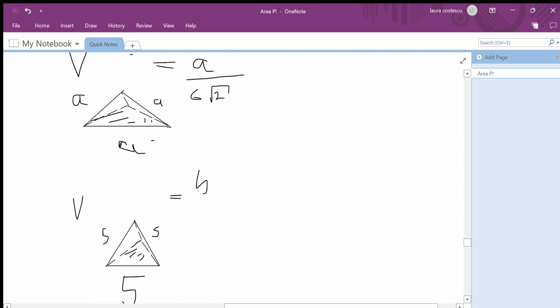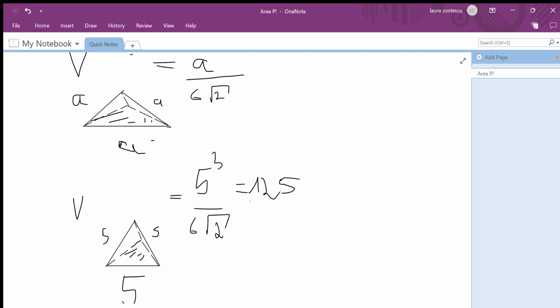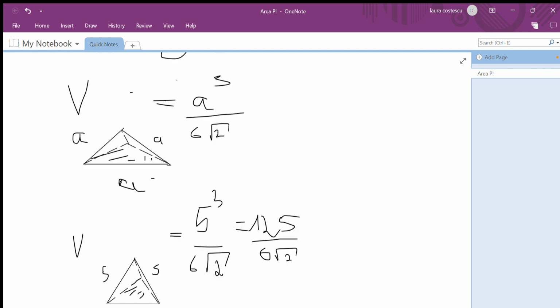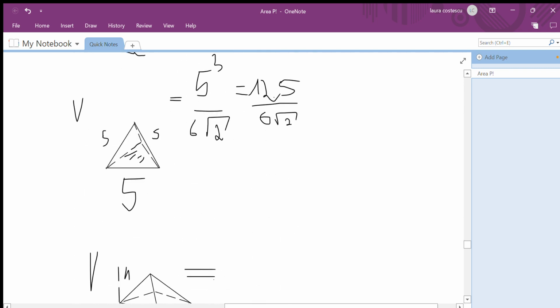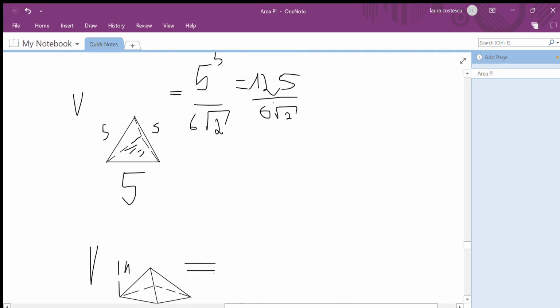So this is gonna be 5 to the 4th power over 6 square root 2, which equals 125 over 6 square root 2. We can't simplify this anymore. You can't. But let's just put this in a square so remember. If it were divisible by 6, it would probably be possible, but now it can't. That's the most we can do.